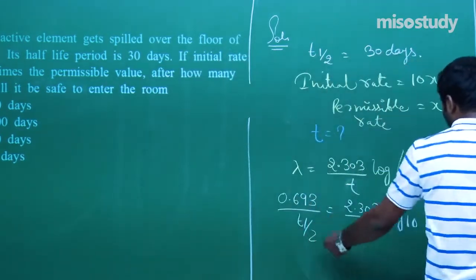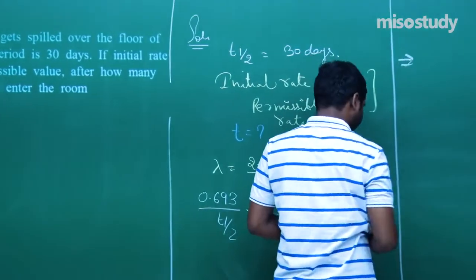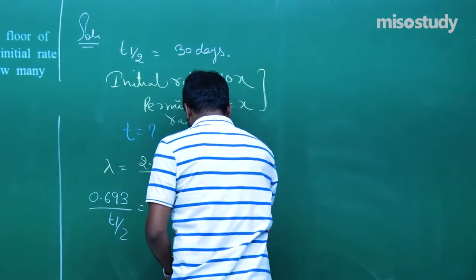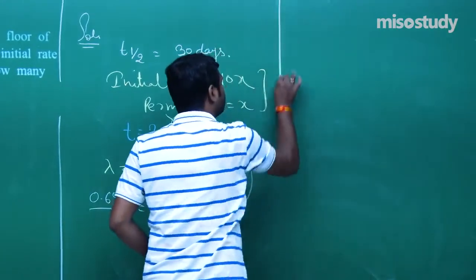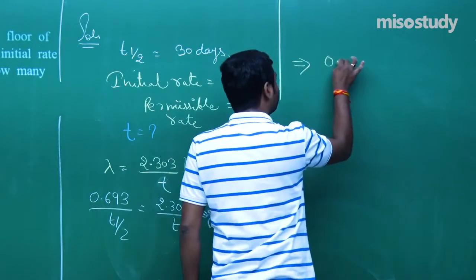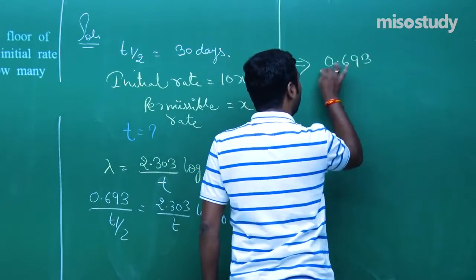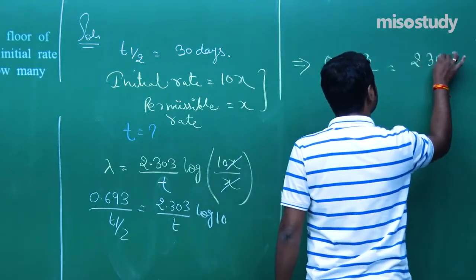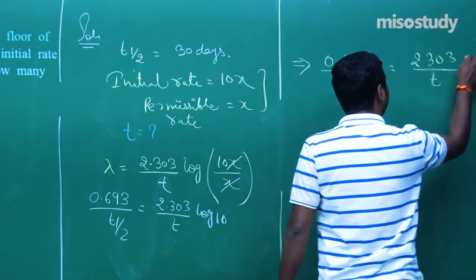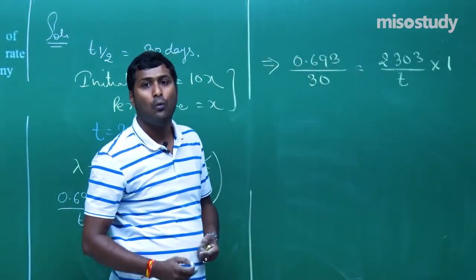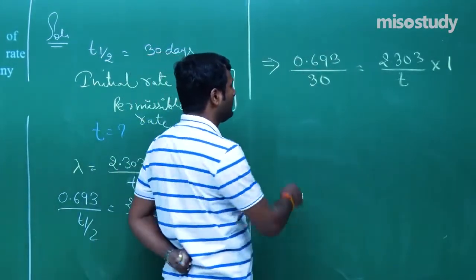Now put all the data, wait for a moment, my friend. That is 0.693 upon 30 is equal to 2.303 upon t, and log 10, the value of log 10 is equal to 1. Now what will happen?